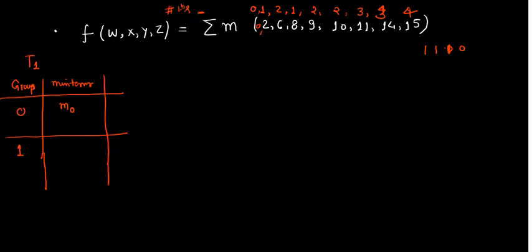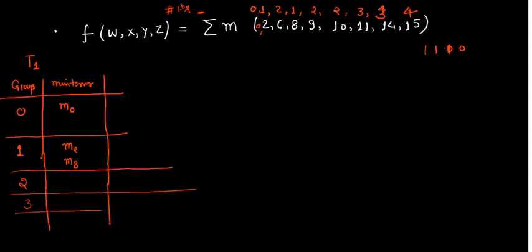Group 1: m2, 8. That's it. Then group number 2, group number 3, and group number 4. Group number 2: m6, m9, m10.